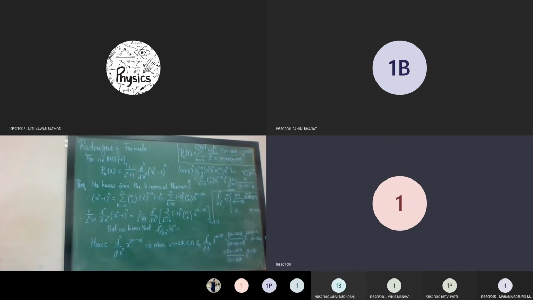p and x की टर्म्स आ गई है, अभी आप देख रहे हो 2n minus 2k मिला हमें, यहाँ से n minus 2k factorial मिला, x raised to 2n minus n minus 2k भी मिल गया. So यहाँ से जब आप simplification देखोगे तो what it will be? अभी हमें क्या करना है?